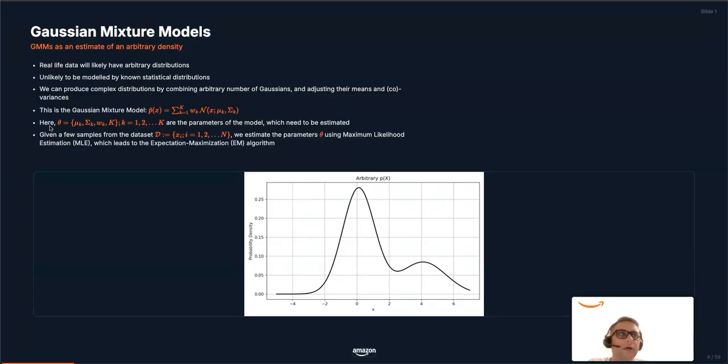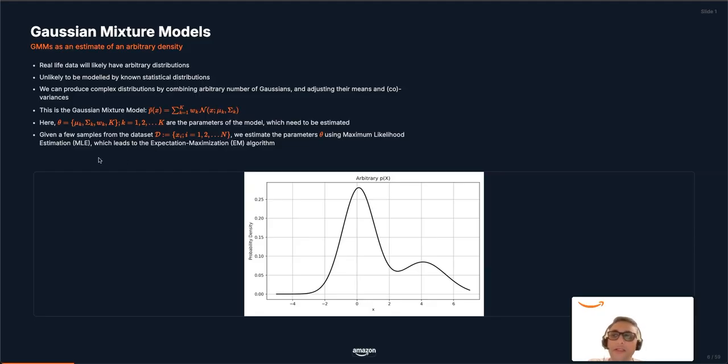Now the parameters of our model are the means and covariances of each of the Gaussians in the mixture, the weights of the Gaussians, and the number of Gaussians that you're using. If I'm defining a mixture model over my data as this, then it is these parameters theta which need to be estimated. So now our problem becomes this.